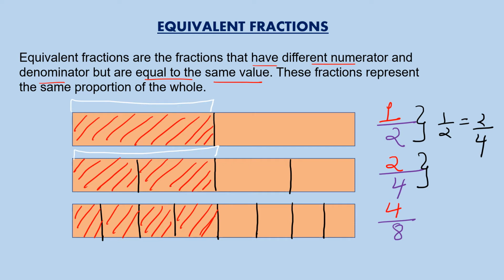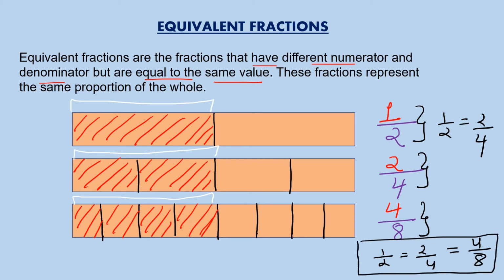This fraction also has a different denominator and a different numerator but shows the same amount of chocolate. So we can say that 1 by 2 is equal to 2 by 4 is equal to 4 by 8. These are all equivalent fractions, which have different numerators and different denominators but show the same value.